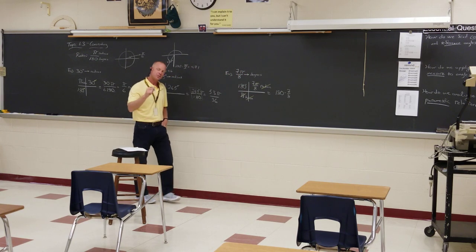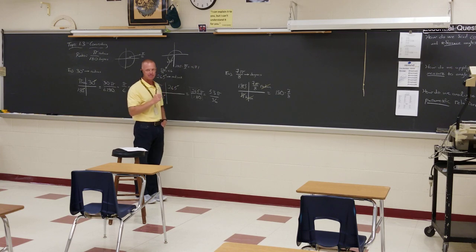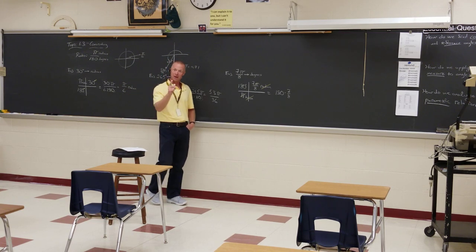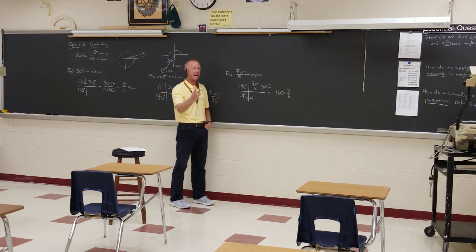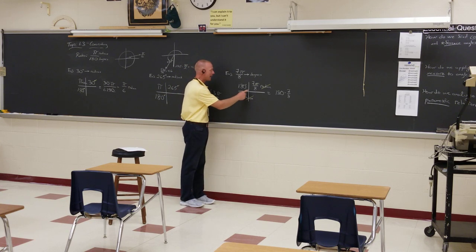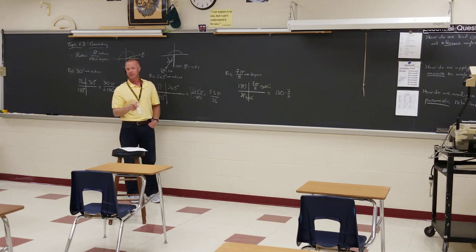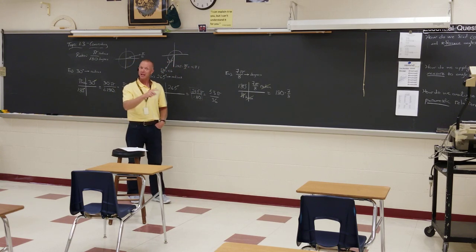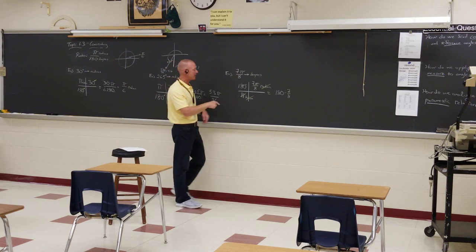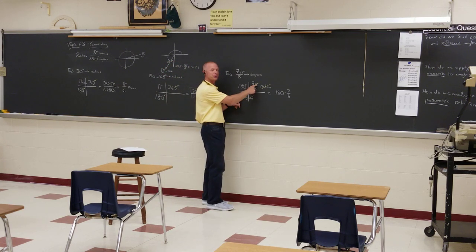Now, a lot of students will ask, is that always going to happen? And my question back to you is, what is always going to happen? Are pi's always going to cancel? Well, as long as you have one in the numerator and one in the denominator. What I'm not saying is that you're always going to have that. But what I am saying is that if you have them in the numerator and denominator, they will always cancel.